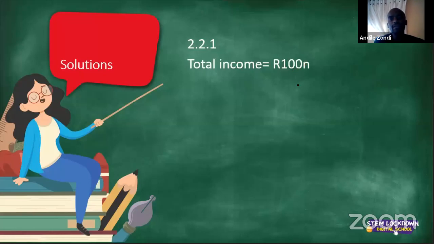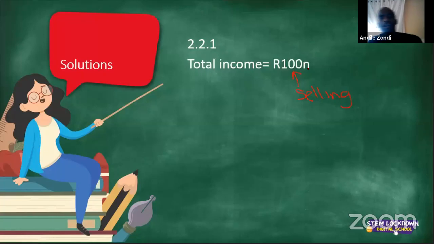Remember, 100 is our selling price, and n is the number of plates. That one was easy.